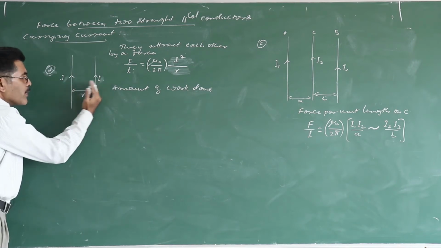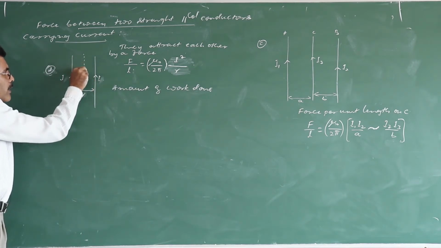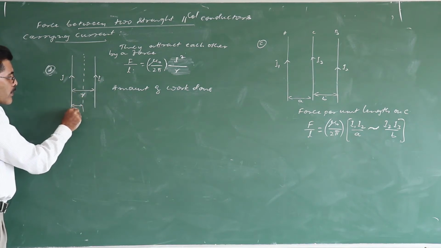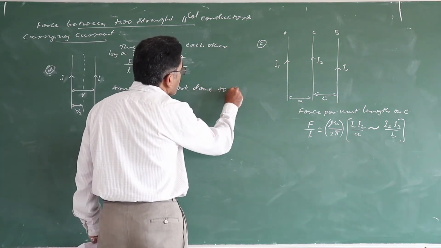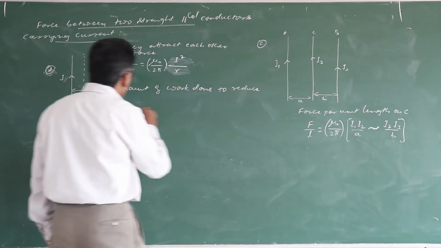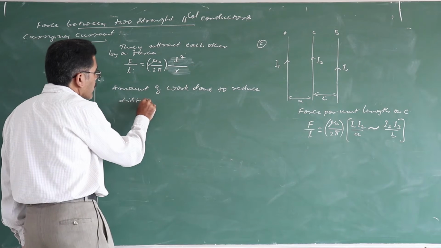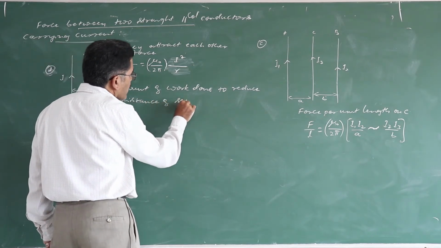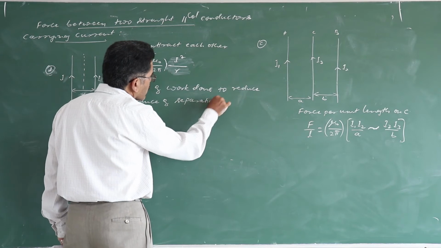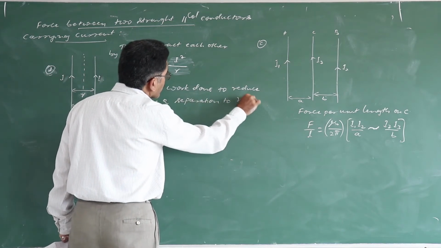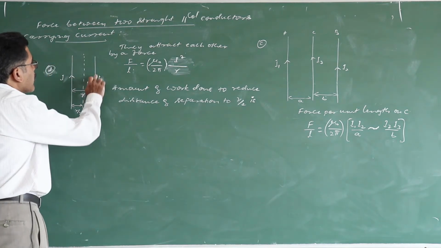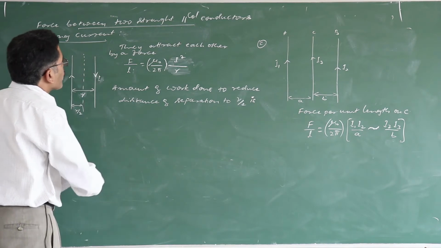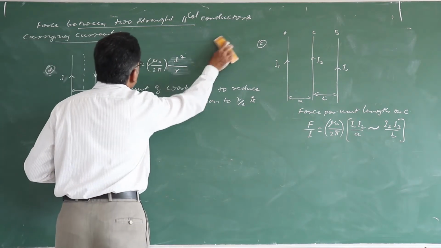See, I just move this conductor to this position, okay, so that it becomes r by 2. Amount of work done to reduce the distance of separation to r by 2 is, suppose if you consider current flowing in opposite direction, then there will be a repulsive force.